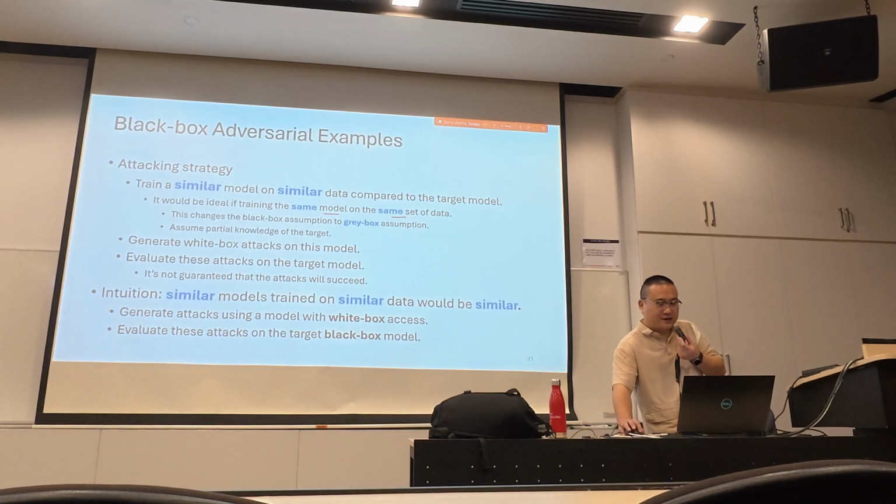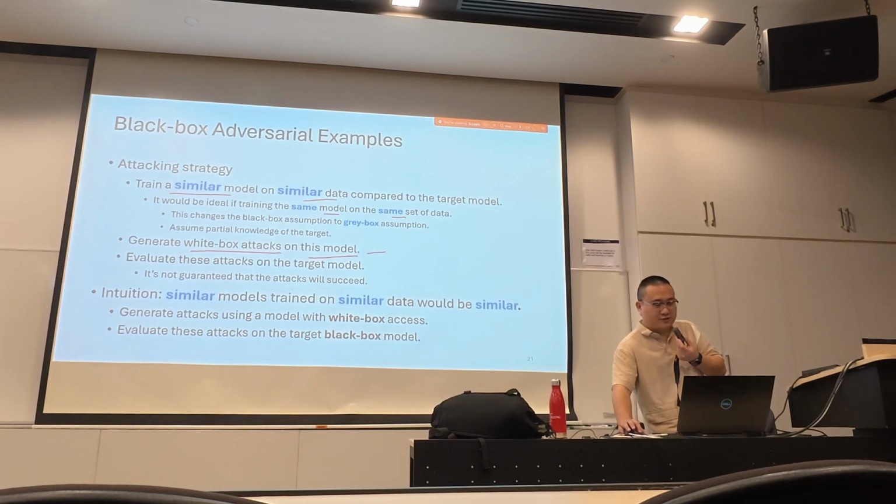Okay, after we train our own model using similar architecture and similar data, we can generate white box attacks on this model. This model is also called a surrogate model.